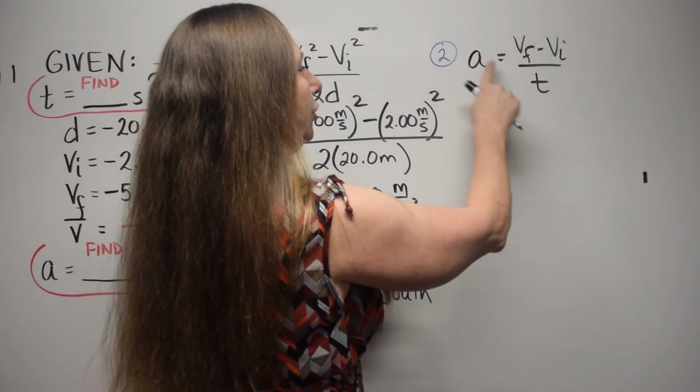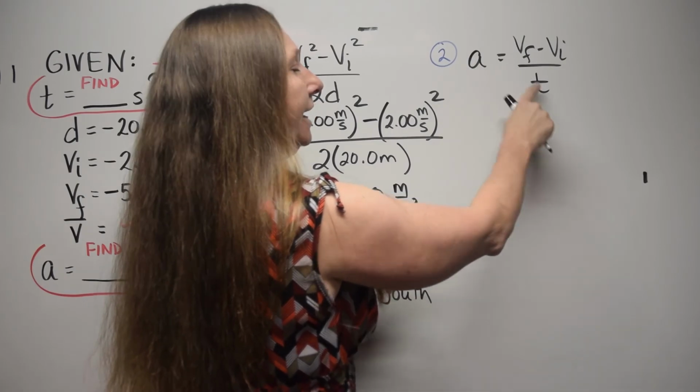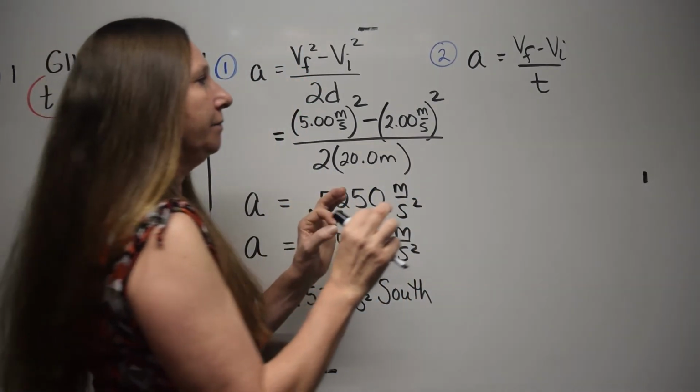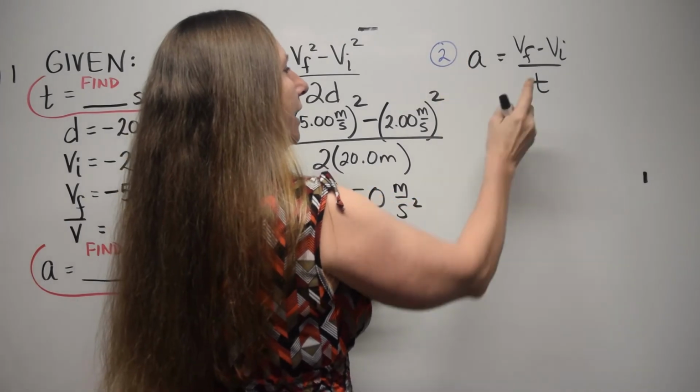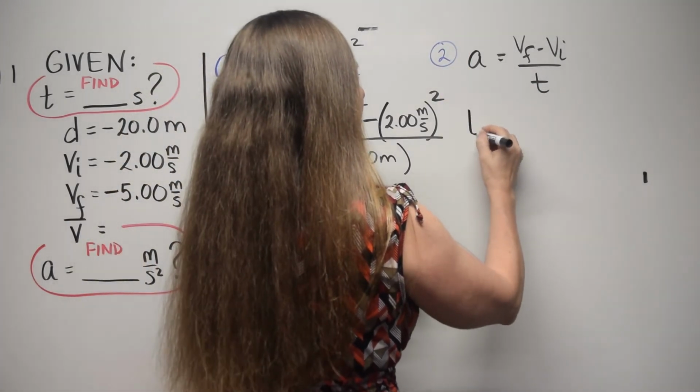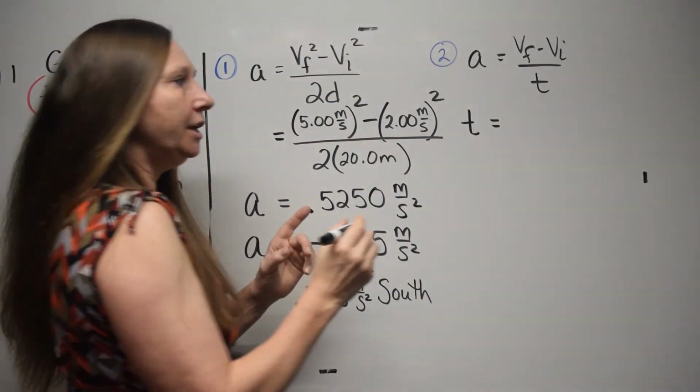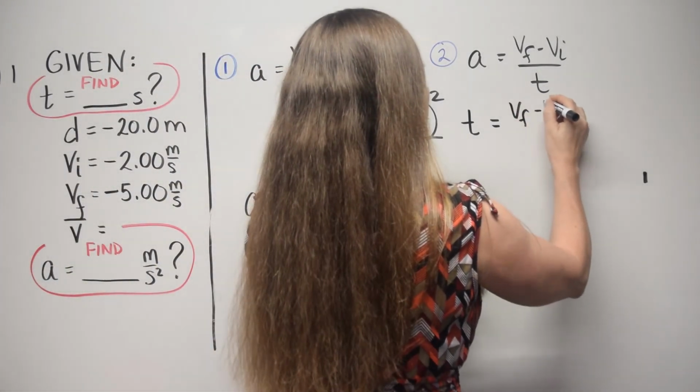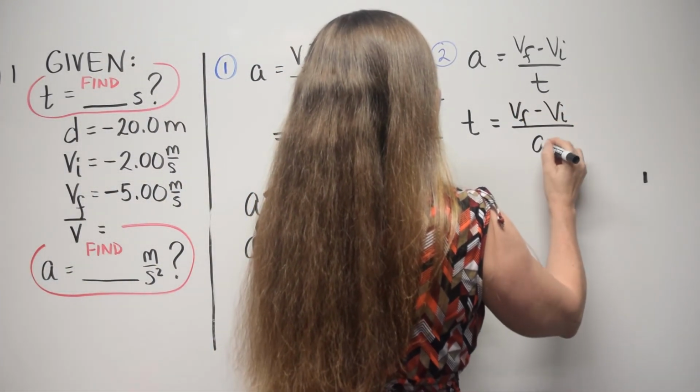We can switch the inverses. A and T are inversely related. The T comes up here, the A goes down there. The equation we will be plugging into is T equals V final minus V initial over A.